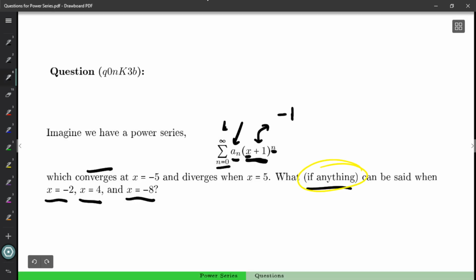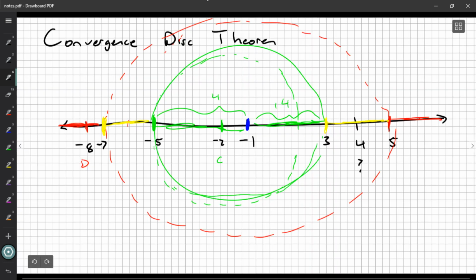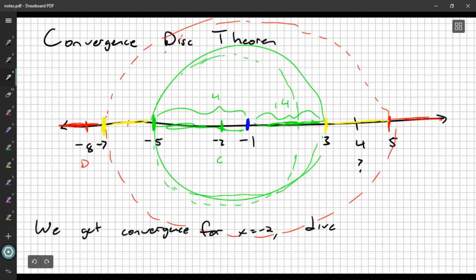Well, it turns out nothing can be said for 4. So we get convergence for negative 2, divergence for negative 8, and there's nothing you can say for 4.